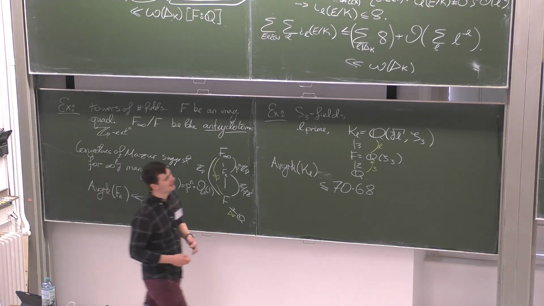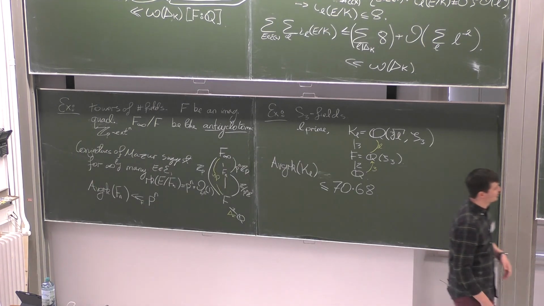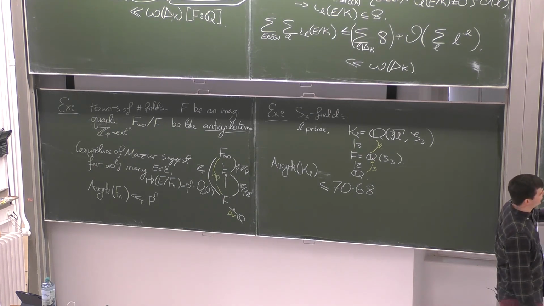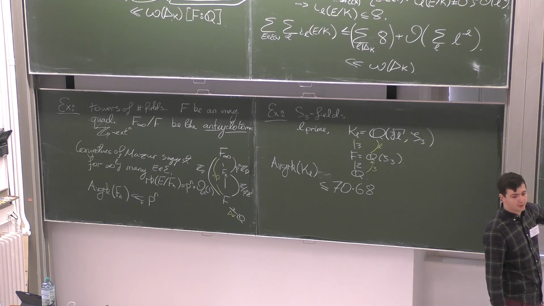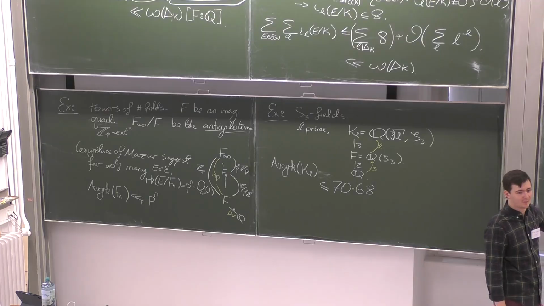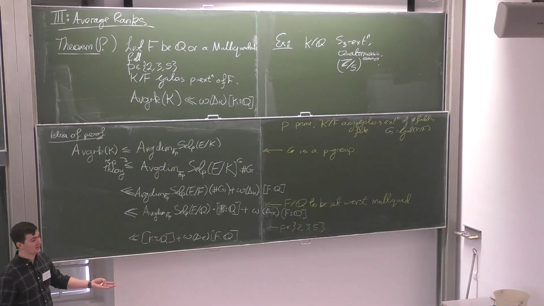I just want to say one more thing I forgot to say a moment ago. So this p in {2, 3, 5} thing, it's the only step in this proof which isn't a limitation of the method, but is a limitation of our knowledge today.